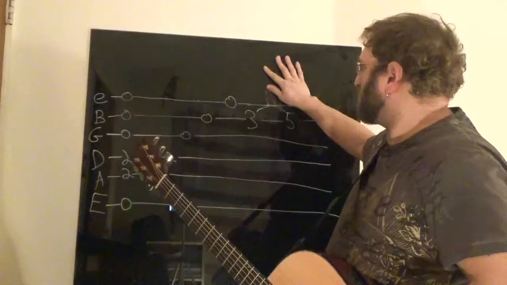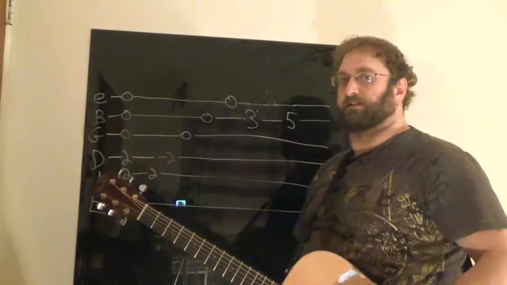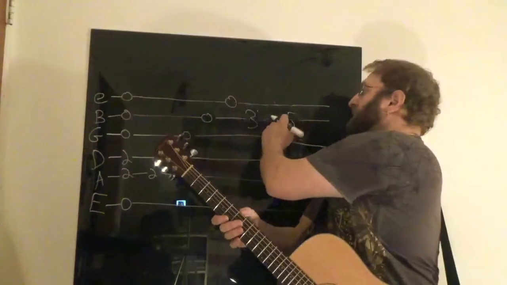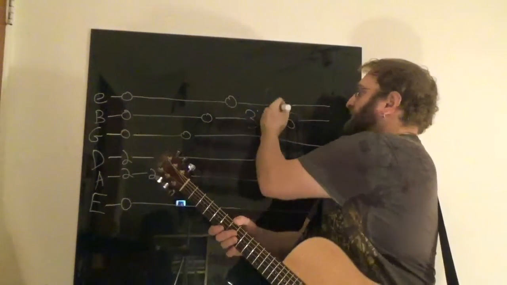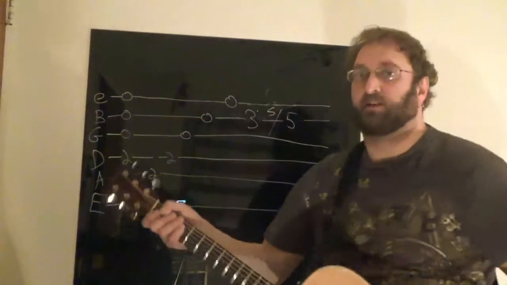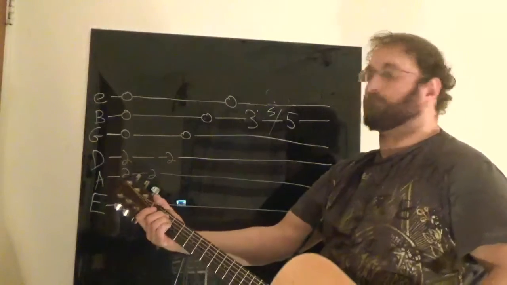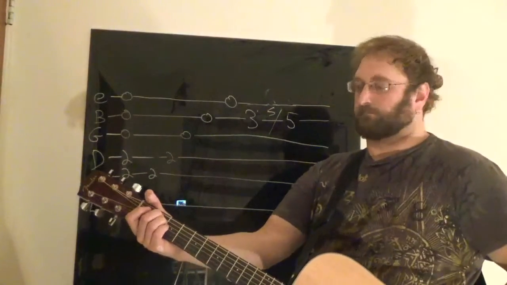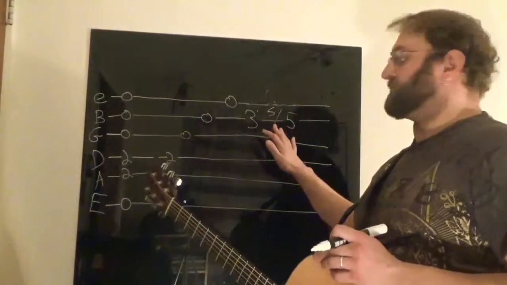Or we could do something different. We could do a slide. A slide would sound pretty good. So sometimes what you'll see is they'll do this and put an S there or something. Right? So there'll be a little mark to let you know that you're sliding there. So then you have that.